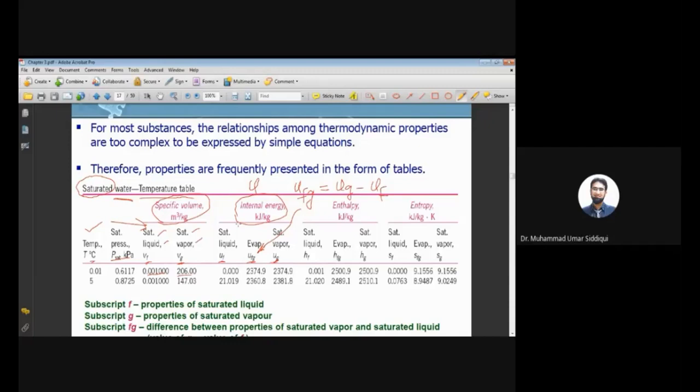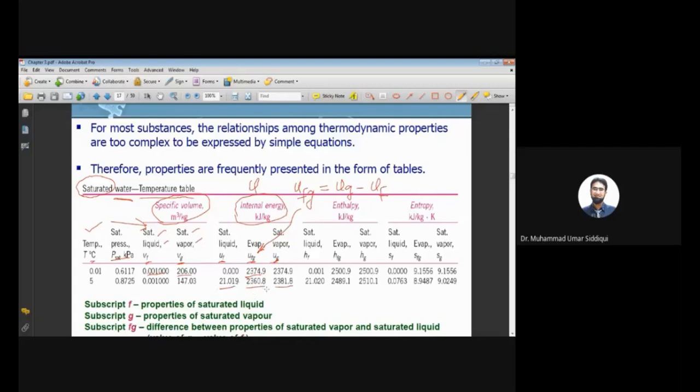What's the absolute difference? So greater value minus a smaller value, you can say that. So here we have UFG. Again, you can check here as well. For example, if you subtract 21.019 from 2381.8, you're going to get 2360.8.